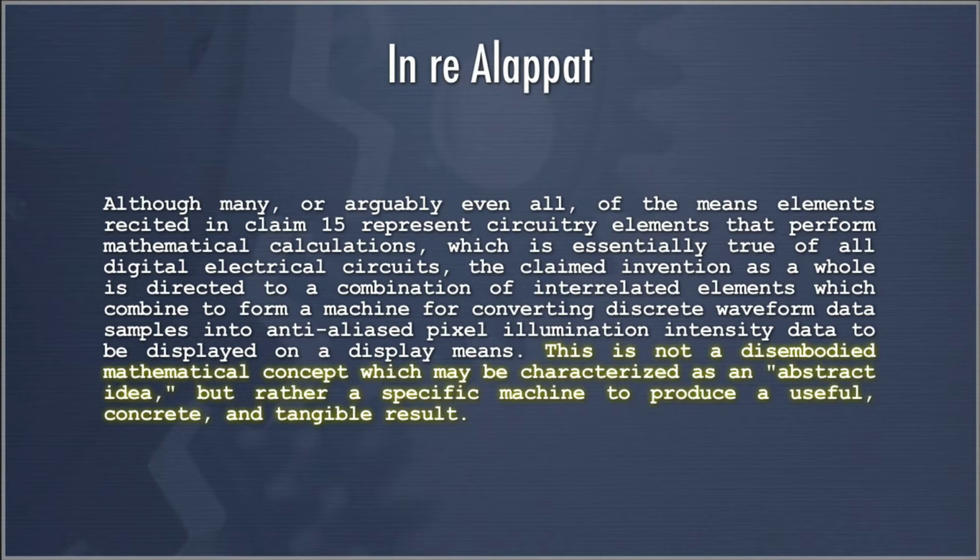So arguably this was a machine claim rather than purely a method claim. But the principle here is that if you're not claiming a disembodied mathematical concept, which may be characterized as an abstract idea, but rather a specific machine to produce a useful, concrete, and tangible result.